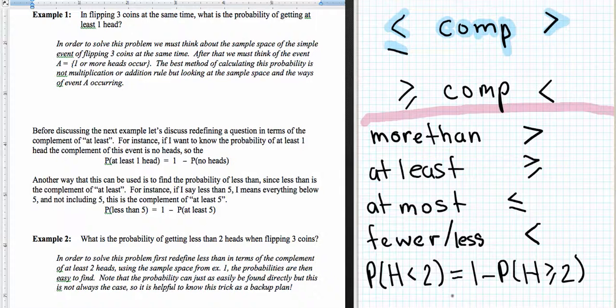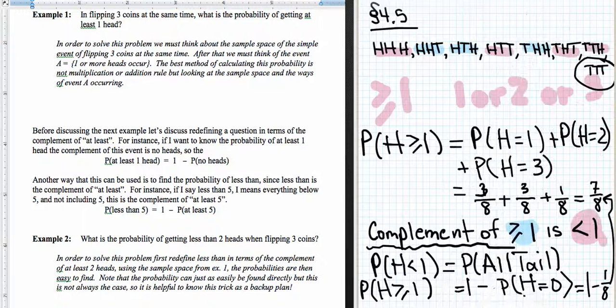And we know from past experience that this is equal to 2 and then equal to 3. And so we knew from before that that was 1/2 because 4/8, right? And so the probability that there are less than 2 heads is the same as the probability that they're greater than 2 heads.